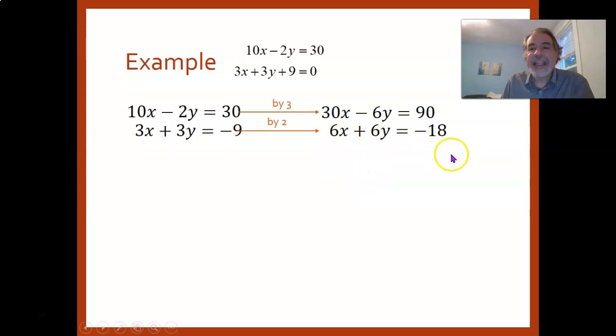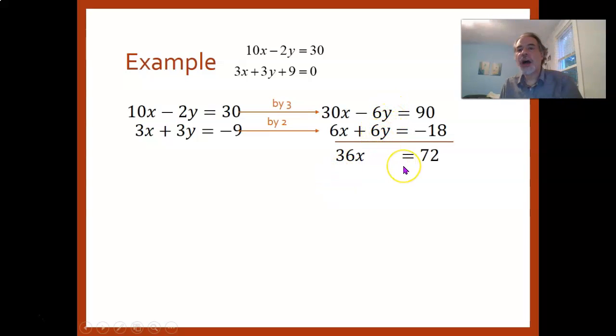Now, when we add the equations together, here's what we get. 30x plus 6x adds up to 36x. -6y plus positive 6y adds up to 0. They kill each other off just like we planned. And then the 90 and the -18 add up to 72.